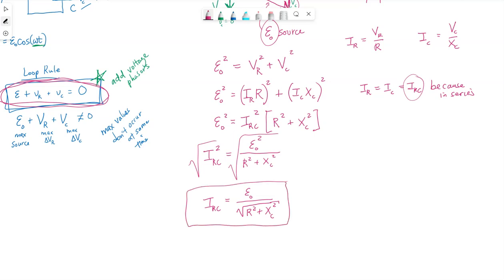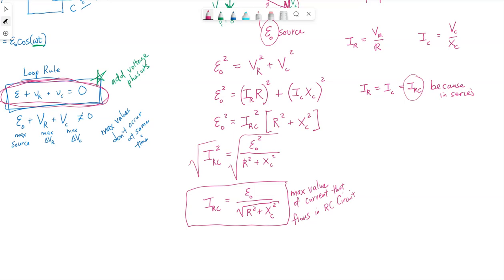This represents the max value of the current that flows in this RC circuit. So the maximum value or peak value.